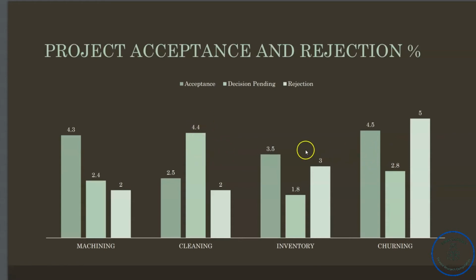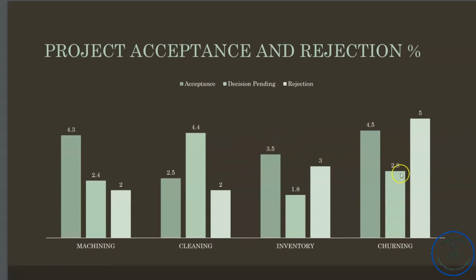Decisions may be pending. And in the case of the inventory, where we have to stack the products in the rows with the help of a forklift, maybe the decision on buying a forklift is where you'll be using the NPV. In this case, they have a 3.5% acceptance rate.